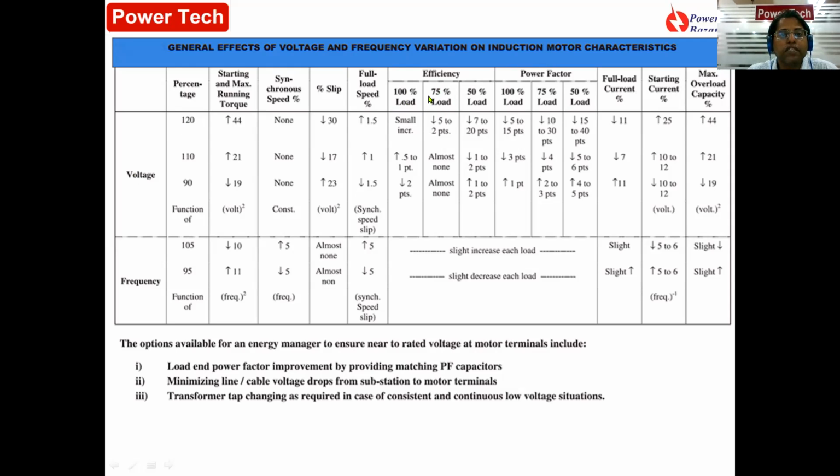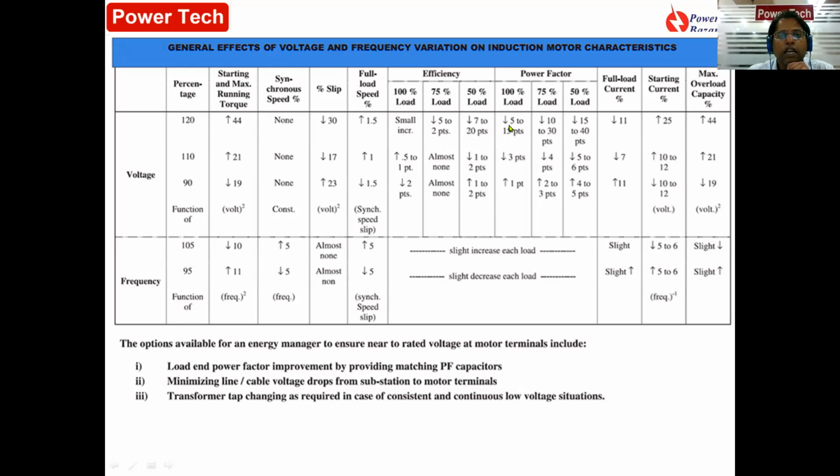But at 75% load, the efficiency reduces. But if voltage is 90 to 110%, there is no major impact on efficiency at 75% load. Whereas if it is 50% load, efficiency will go down if you increase the voltage, and it will go up if you reduce the voltage.